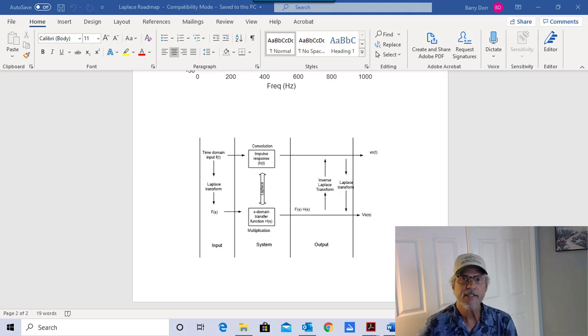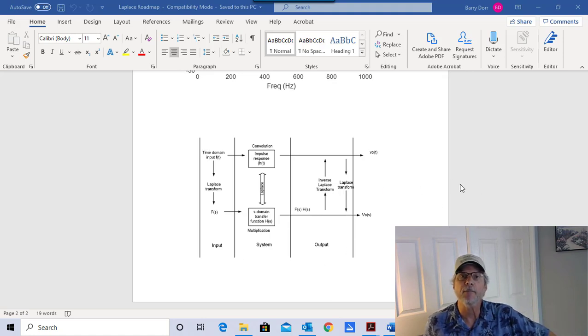So as in all of my Laplace Transform lectures, I'm going to rely heavily on my Laplace Transform Roadmap. And that way you'll be able to take the information that we talk about today and keep it in perspective of this larger picture.